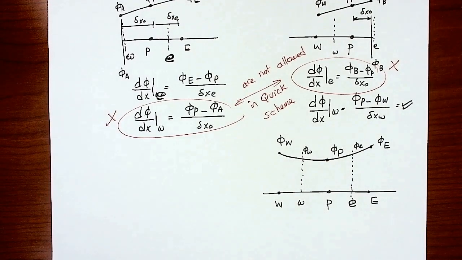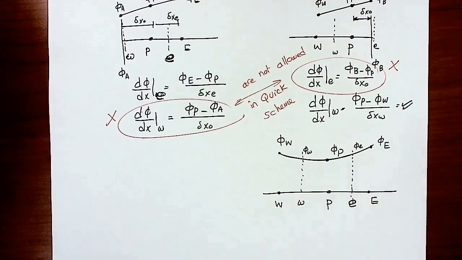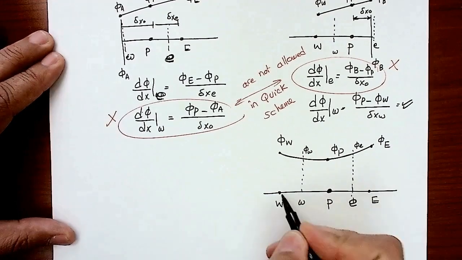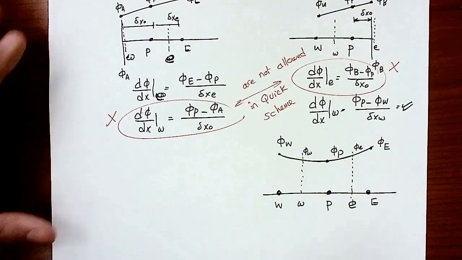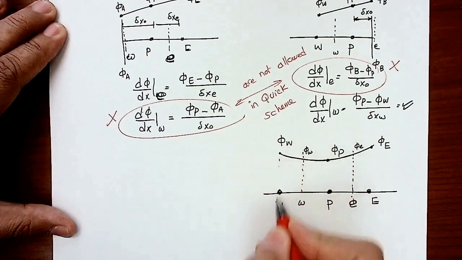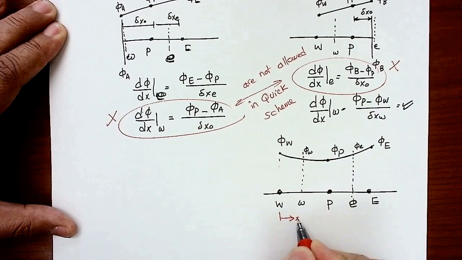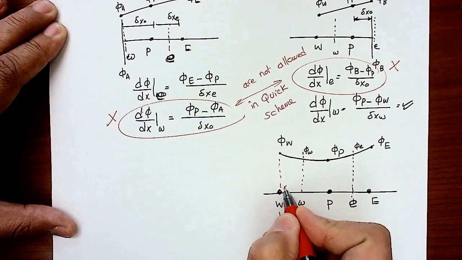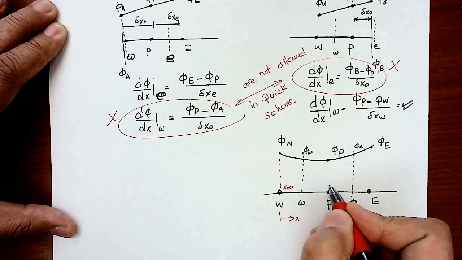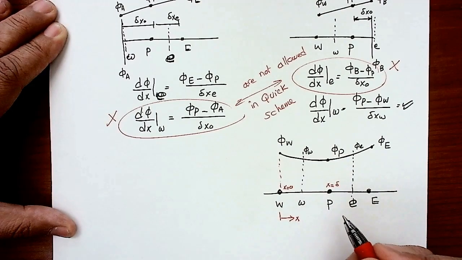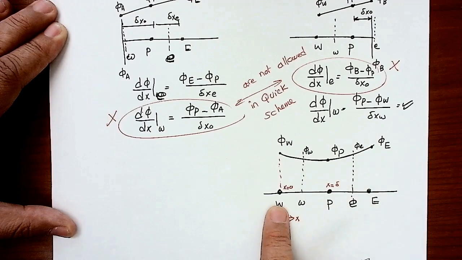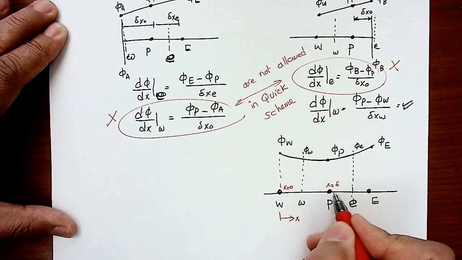So in a simple way, let's assume this is an interior node like P here. I'm going to start proposing an x coordinate system, starting from here. So for this location here, x is equal to 0. For this location here, x is equal to delta, measured from here.